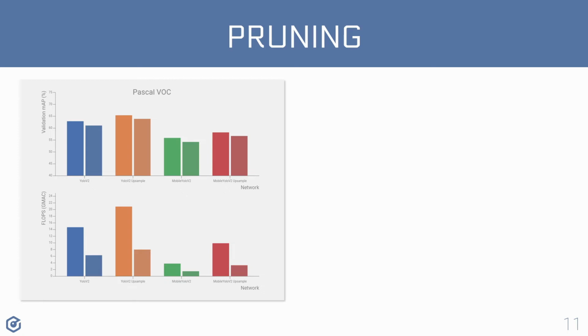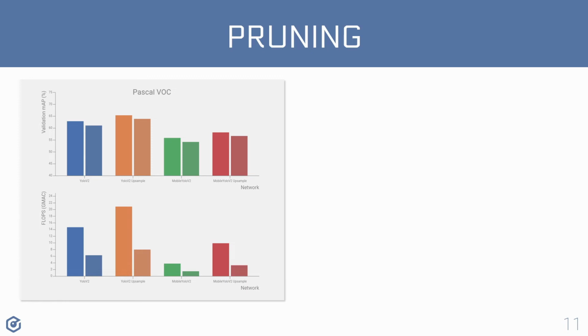It requires 10 times fewer computations. Obviously, it also has about a 9% drop in accuracy here, but you can choose one of the networks depending on your use case. So even for the original YOLO v2 we reduced the number of computations by over 50% whilst maintaining relatively good accuracy, only a 2% difference between the pruned and the regular network.